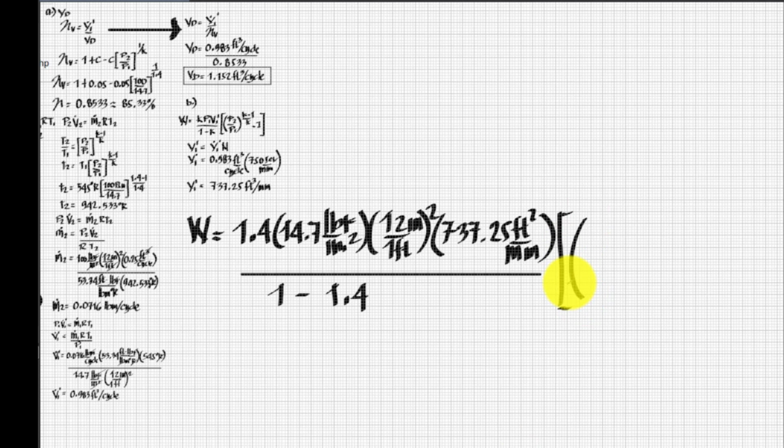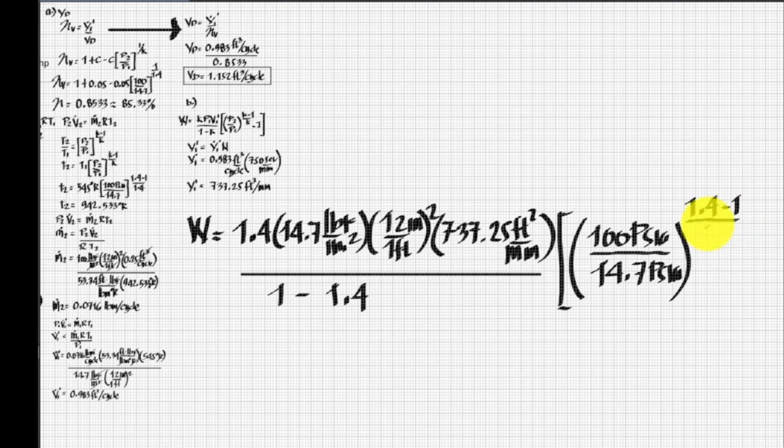For the pressure, we have pressure 2, which is 100 psi, all over my initial pressure of 14.7 psi absolute, raised to the power of (k minus 1) over k, so 1.4 minus 1 all over 1.4, and this is minus 1. Close parenthesis.